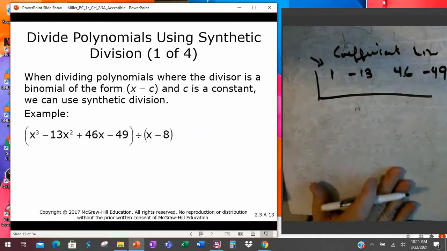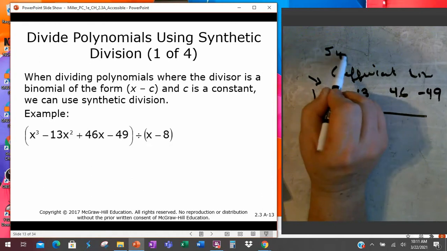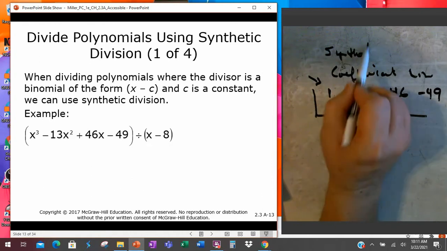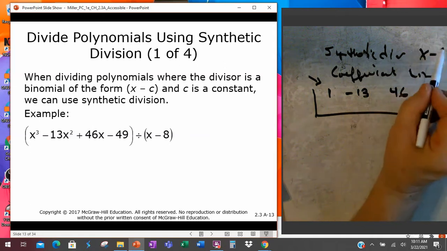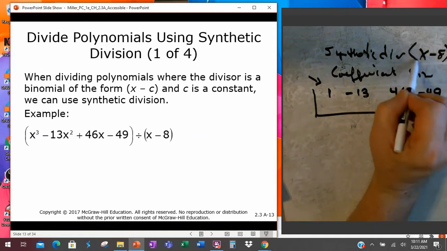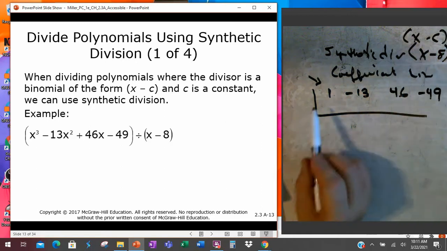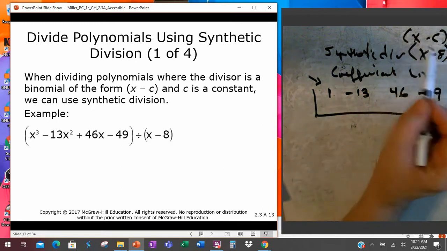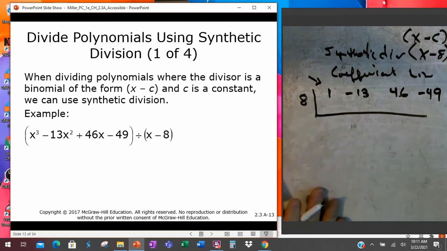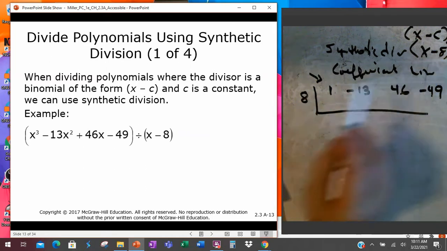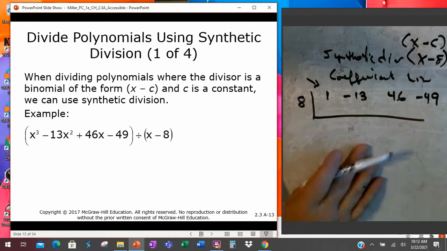So this is synthetic division by x minus 8. X minus c. This I put here is the positive version, okay? Just like the vertex. Remember I did the vertex as whatever that is. I moved it to the right. Think of that as the very same thing.